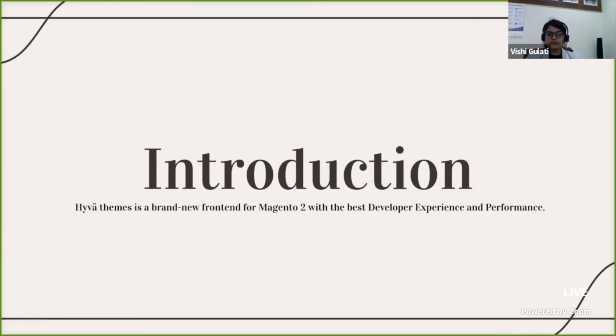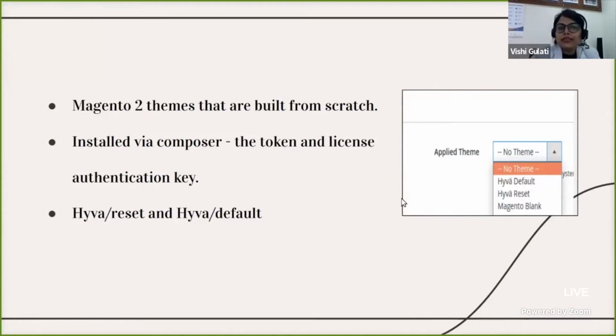Hyvä Themes is a brand new front end for Magento that provides the best developer experience. Apart from that, the performance of Hyvä is also very good. Like other Magento themes, Hyvä is a Magento theme, but unlike them, it is built from scratch.